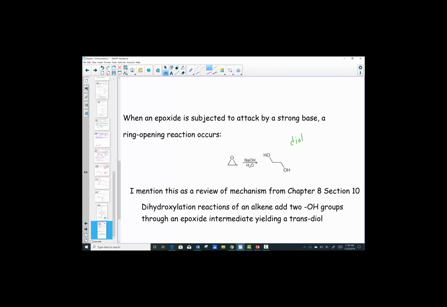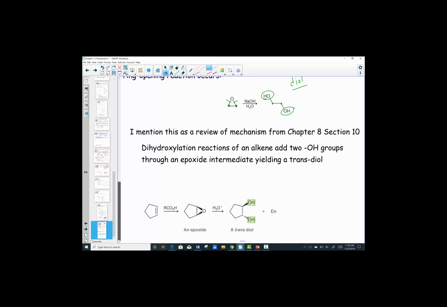Notice that this 2-carbon ring has been opened up. Here's your 2 carbons, but on either side now is a hydroxyl group. So in the presence of a strong base, the ring opens and forms 2 hydroxyl groups. This reaction was explored in section 10 of chapter 8.